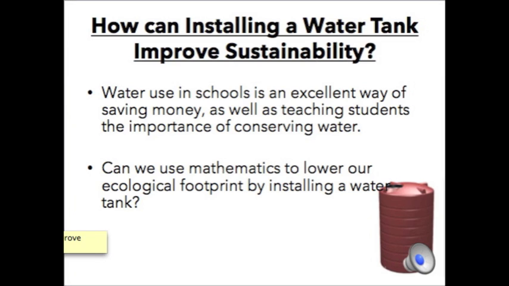So how can installing a water tank improve sustainability? Water use in schools is an excellent way of saving money, as well as teaching students the importance of conserving water. But how can we use mathematics to lower our ecological footprint by installing a water tank?